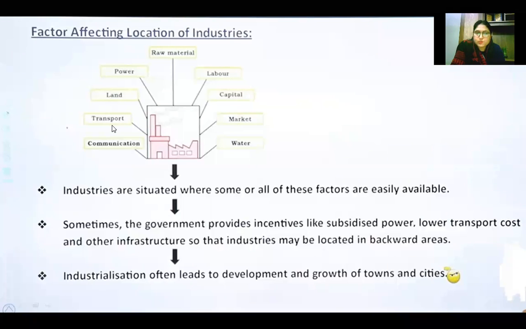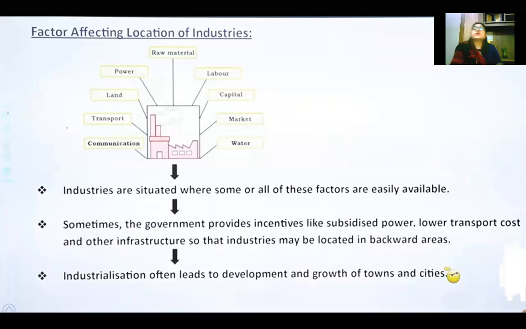Then next is transport. Very important. Transport, how? For taking the raw material to industries. Definitely, for bringing the raw material and taking the finished product to the market. If there is no transport, it will be very difficult for the owner to transport the raw material and the finished product.